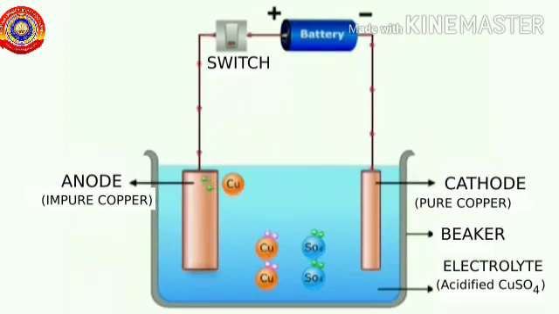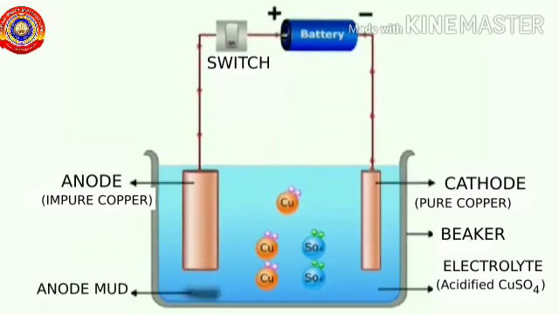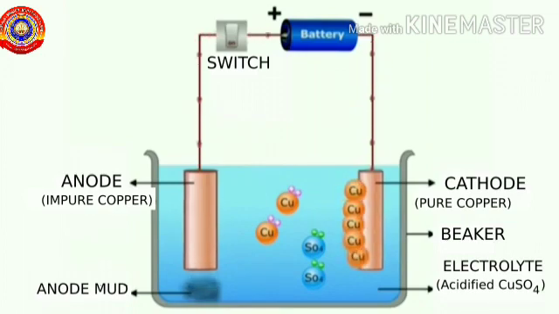At the anode, the copper loses 2 electrons, becomes a copper ion and goes into the solution. The copper ions present in the solution accept 2 electrons from the cathode and are deposited as pure copper atoms. As this process takes place continuously, the size of the impure copper decreases whereas the size of the pure copper increases.